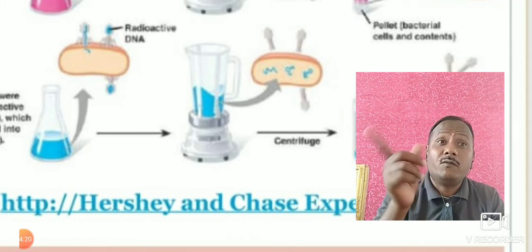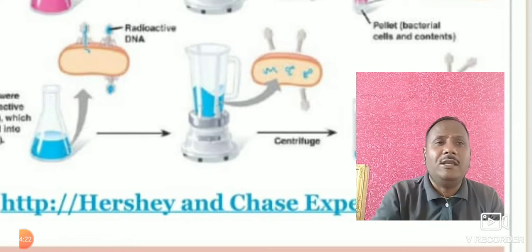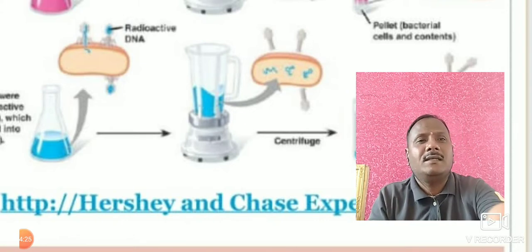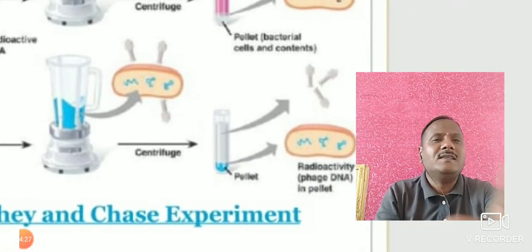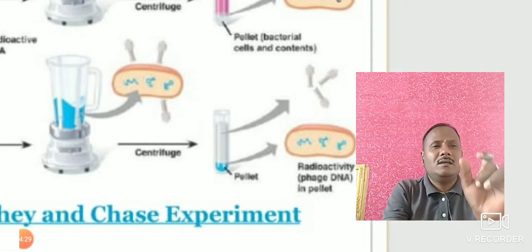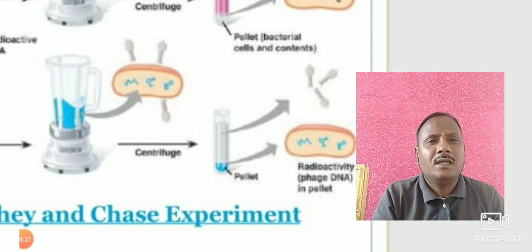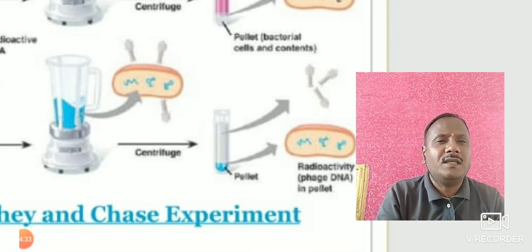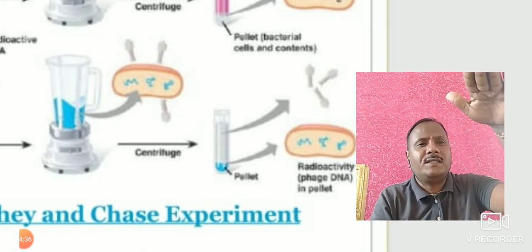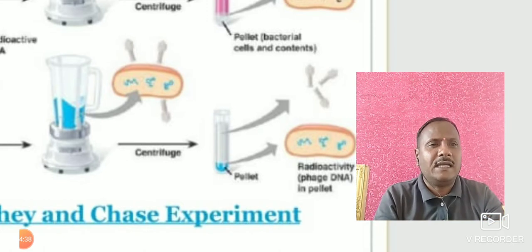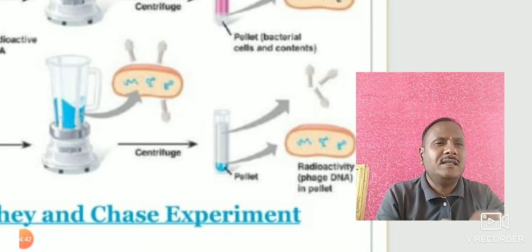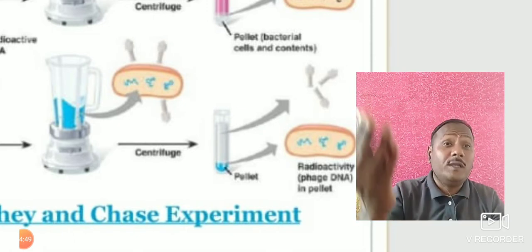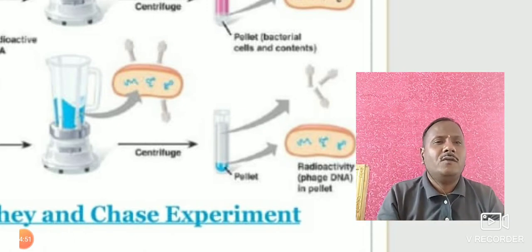Because radioactive phosphorus attaches to the bacteriophage DNA. When we centrifuge that mixture, the liquid part is on the upper side and the solid part, called the pellet, remains at the bottom. The pellet is nothing but bacteria, within which is the DNA of the bacteriophages, and the liquid contains the protein part of the bacteriophage.